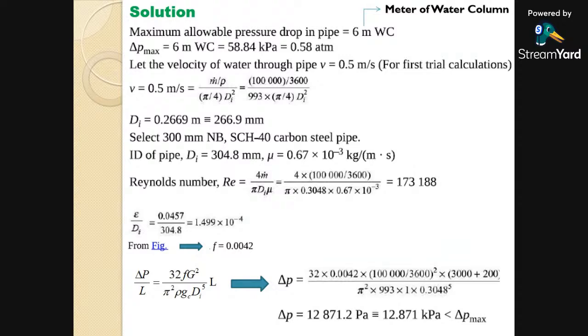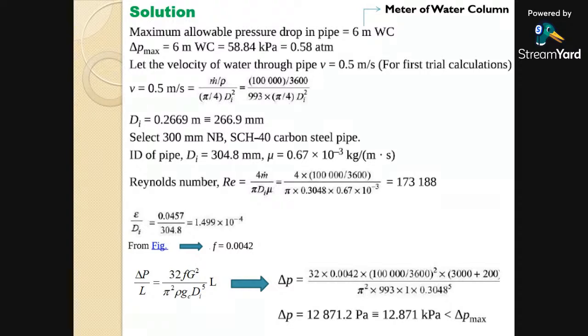आपल्याला माहित आहे की लॅमिनार फ्लो साठी आपण फ्रिक्शन फॅक्टर कसा करतो, 16 by Re, if you still recall that equation. And for turbulent flow it is 0.079 upon Re to the power 0.25. That was the typical equation we have applied in fluid mechanics.